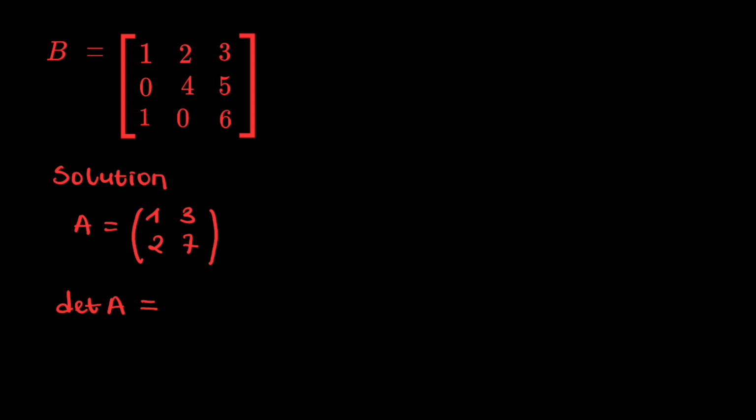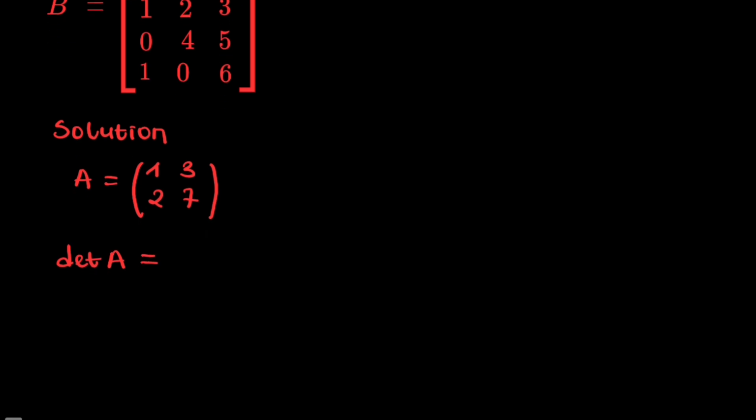Here we are multiplying the numbers at the diagonal and subtracting them from the numbers which are not at the diagonal. When I say diagonal, I mean these two numbers, 1 and 7. This is the diagonal and this is the non-diagonal. We have to take note of that.